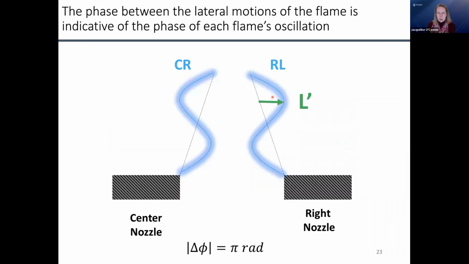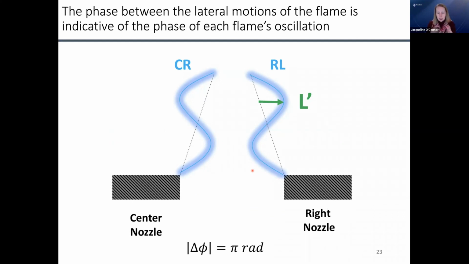So the way that we quantified coherence was by tracking the flame edges. We took the mean flame location and tracked the lateral displacement of the flame as a function of downstream distance. If these two flames are fluctuating coherently, that means they're going in and out together. But if you have a single coordinate system, it looks like their phase will be 180 degrees apart.